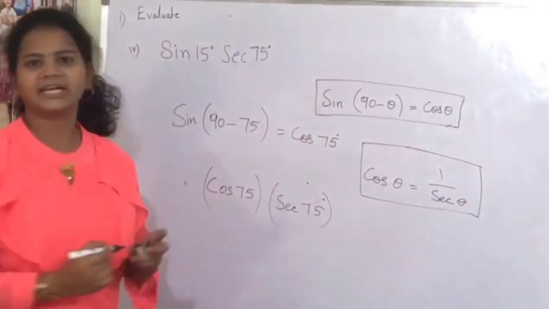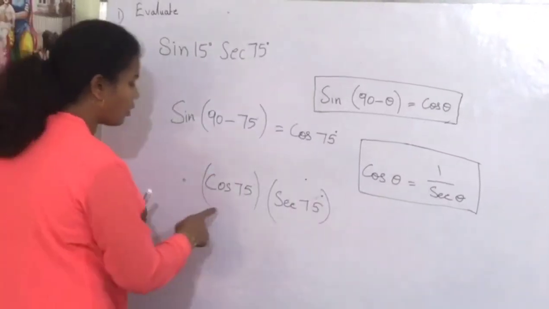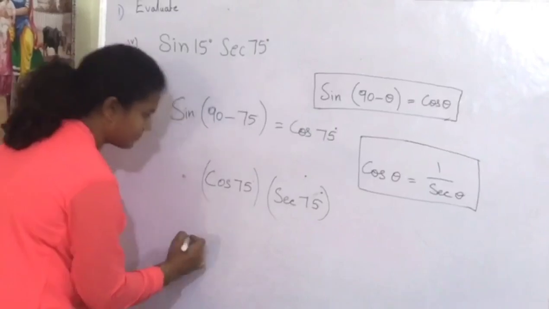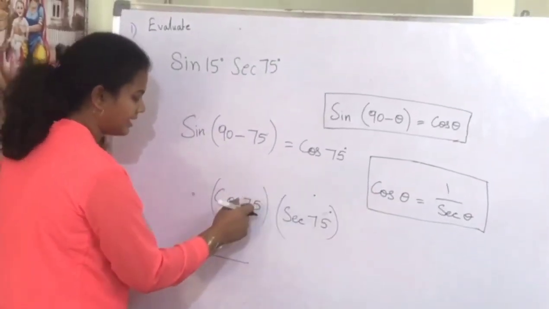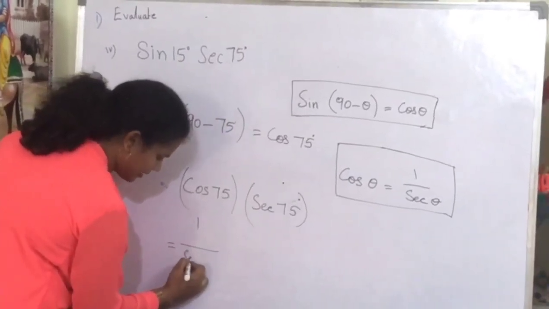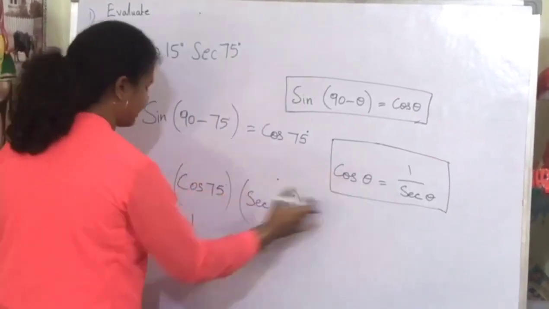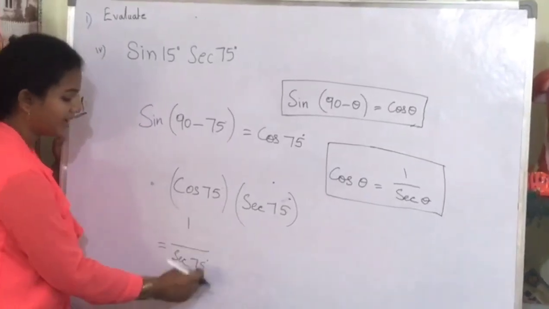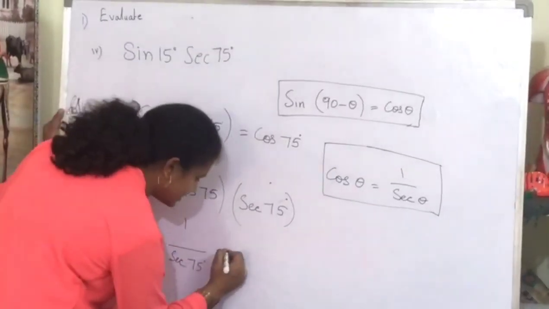Here you have cos theta equals to 1 by secant theta. By using this, I can write where cos theta, cos 75 degree, equals to 1 by secant 75 degree. Clear? And now let's write this secant 75.